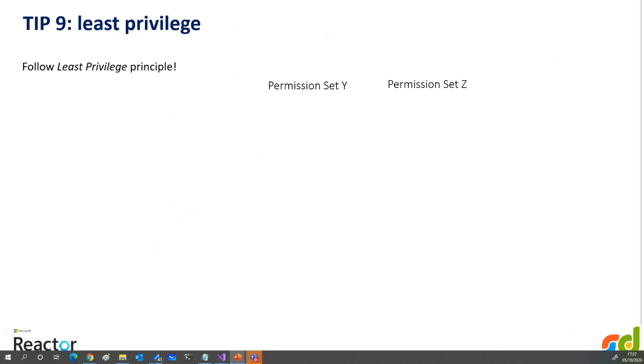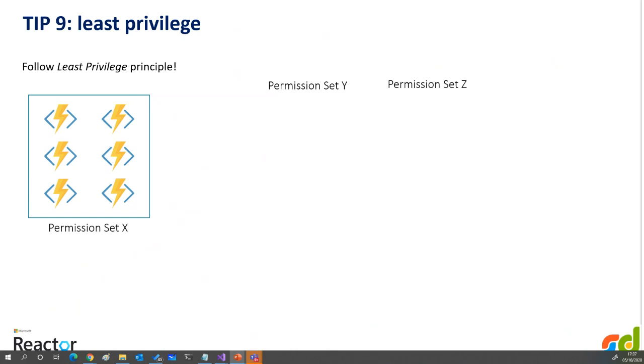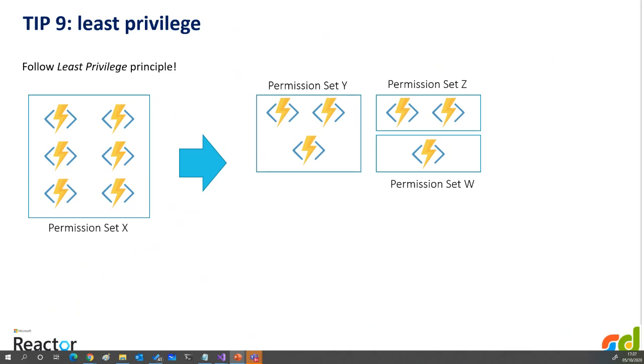Tip number 9 is related to least privilege. So the least privilege principle should always be respected. This means that if you have a set of functions deployed inside a permission set called X, so they share the same permission sets, and these functions do different things, it's much better to use a scenario where you create a permission set for each of these functions, and these permission sets are different.